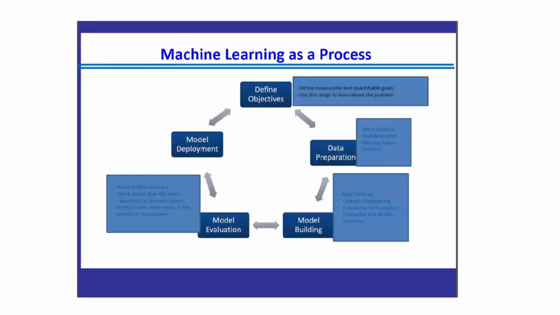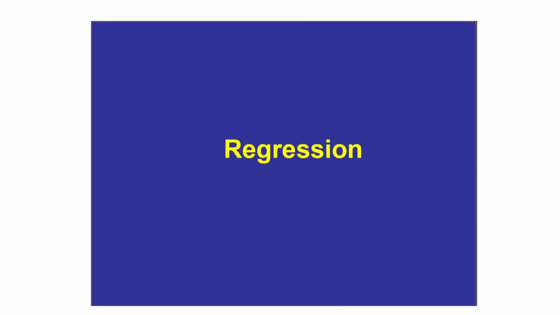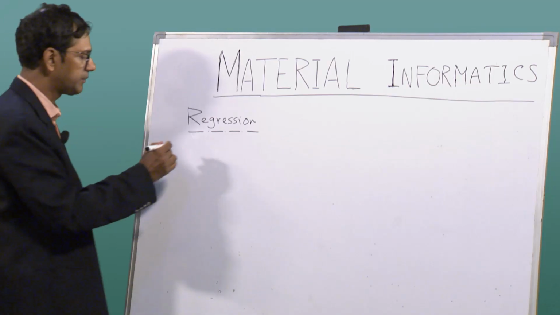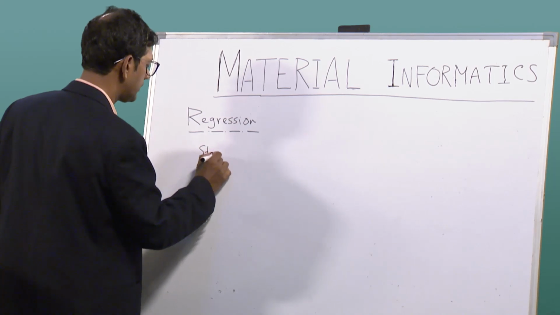Okay, so let me go back to that process, regression. What is regression? What do you think? This is the most simple model to use, and it is basically nothing but a statistical analysis procedure.